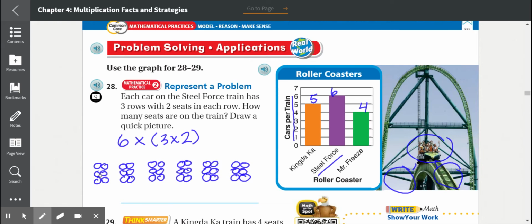So there's the 6. 1, 2, 3, 4, 5, 6 times 3 groups of 2. So let's solve. I'm going to write the answer down here. What is 3 times 2? 6. Times that by 6 equals 36. So if we were to count all of these cars or seats, we'd get 36.